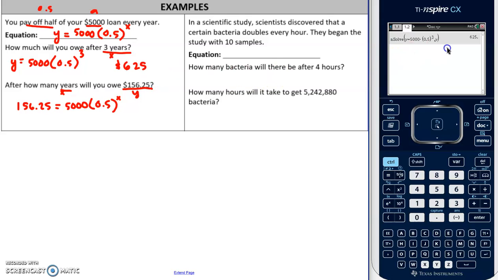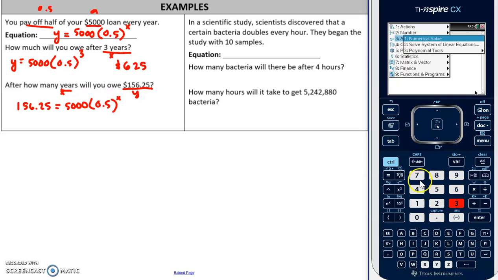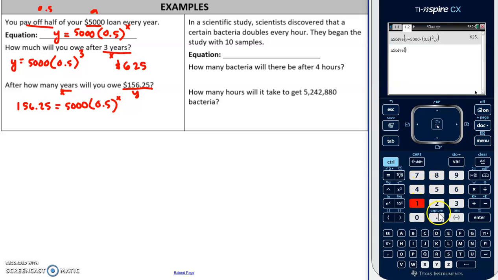Okay, so two ways. Since I'm on my calculator screen, I can n-solve again. So menu, algebra, numeric solve, and I can type in this equation: 156.25 equals 5,000 times 0.5 to the x power.